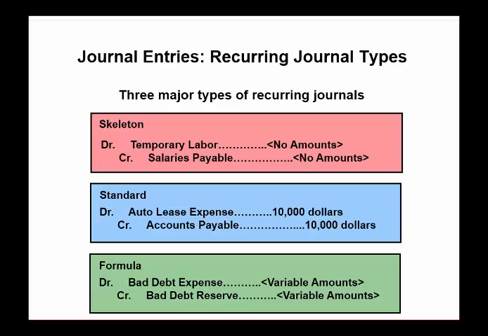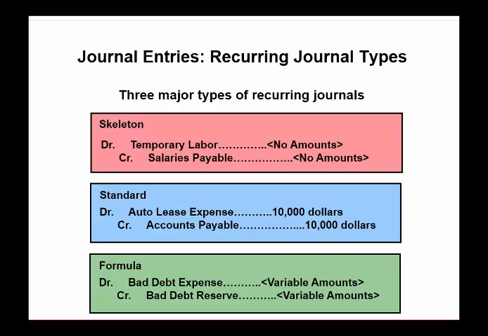That's a fixed amount. That's a constant. So you set it up at the beginning of the calendar year that we'll have an auto lease expense that's debit, and we will credit accounts payable for $10,000. Now, when I pay, of course, I'm going to debit the accounts payable and credit the cash, for example.